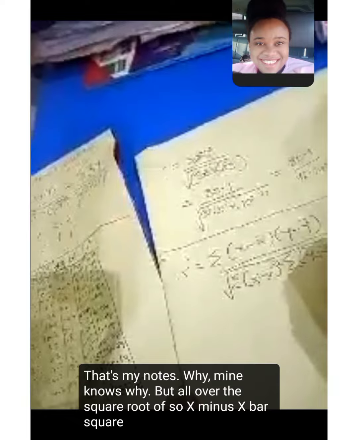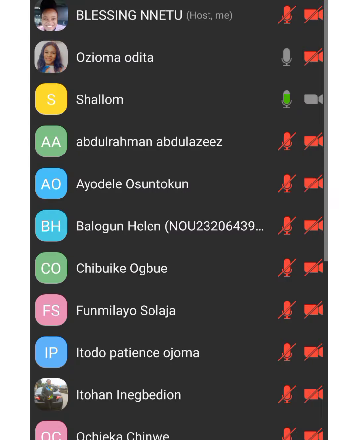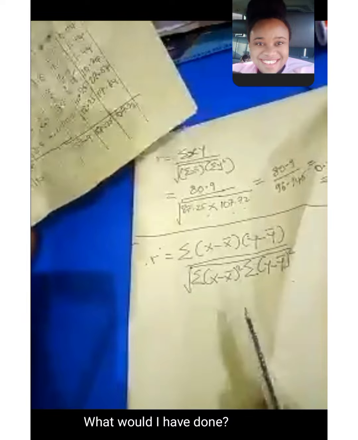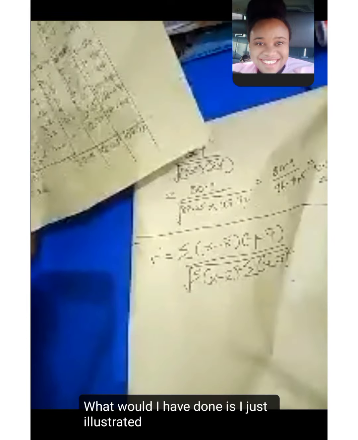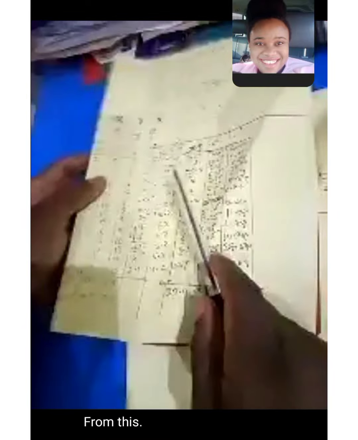So look at this other formula. If we wanted to use this formula, I'll just illustrate it, then you know which way is better. This is x minus x bar in this table.